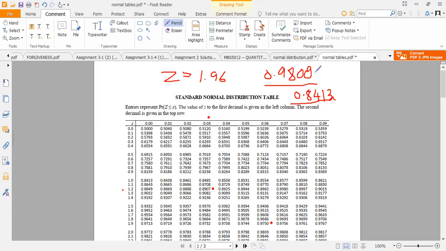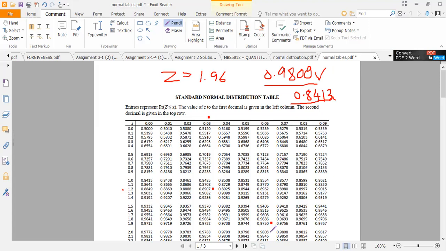Who has found 0.9800? 2.06. Let's check 2.06.